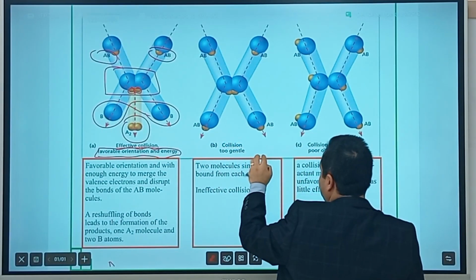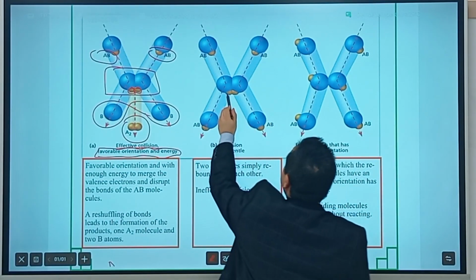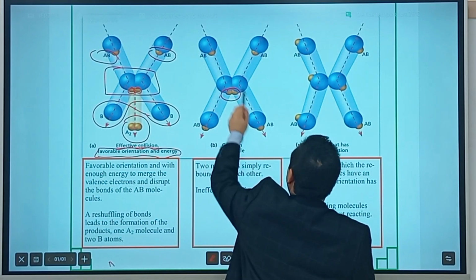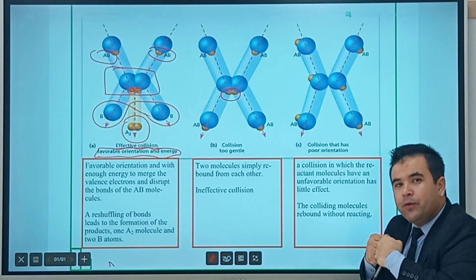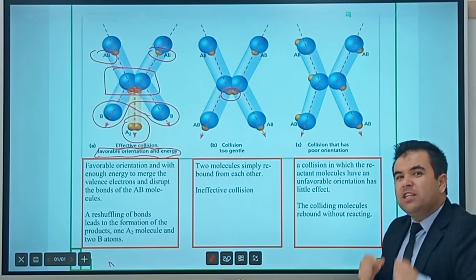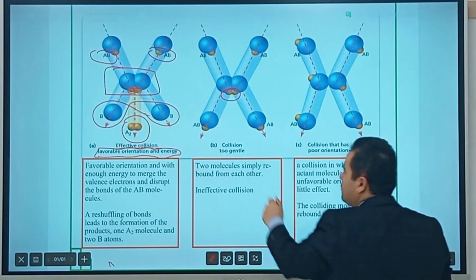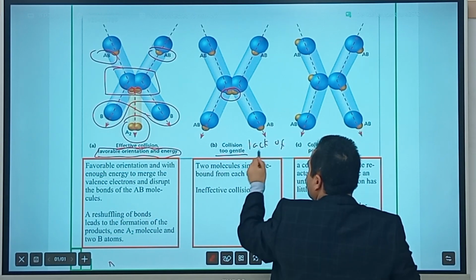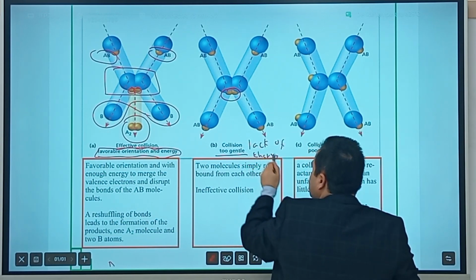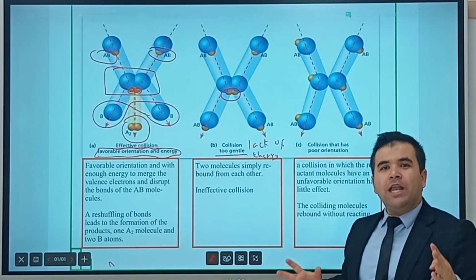Second assumption: the collision has favorable orientation. They collided with the appropriate orientation, but it's too gentle. Too gentle means a lack of energy, not enough energy.